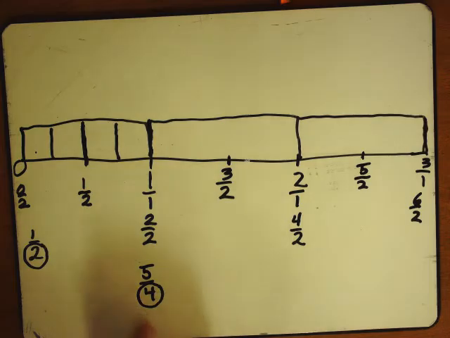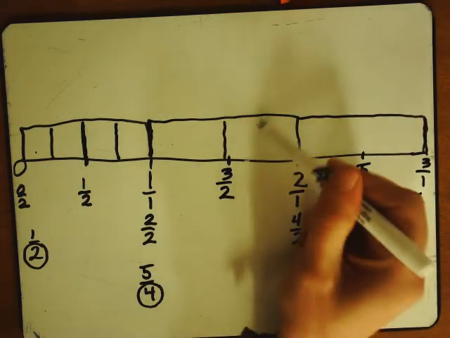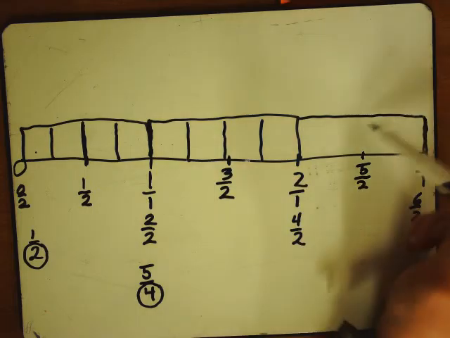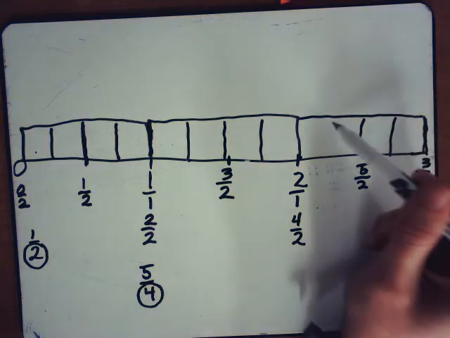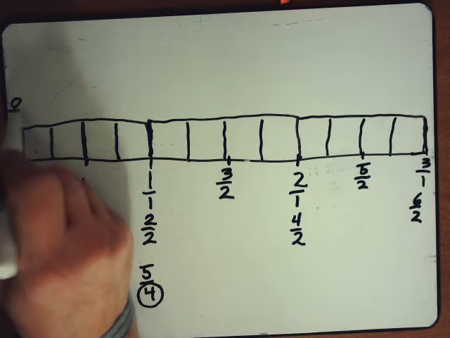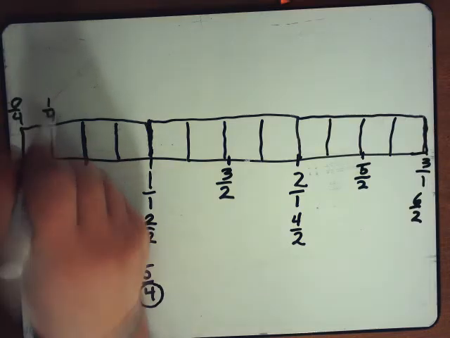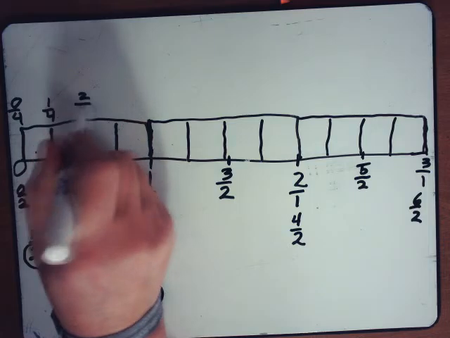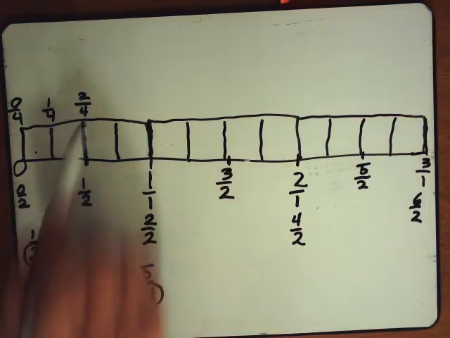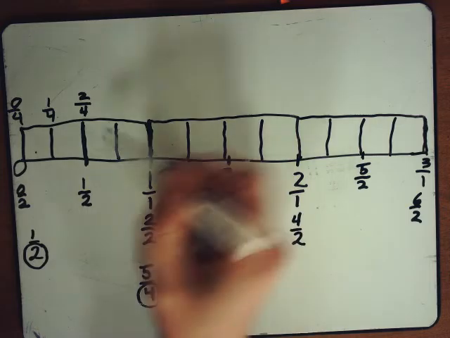That rule applies for each one. So here I would have 0/4. This is where the first fourth is ended. The second fourth is ended. So I can see 2/4 is the same thing as 1/2. They're in the same place on that number line.